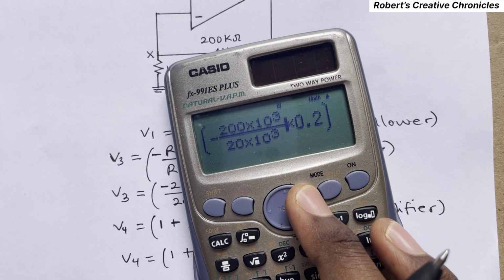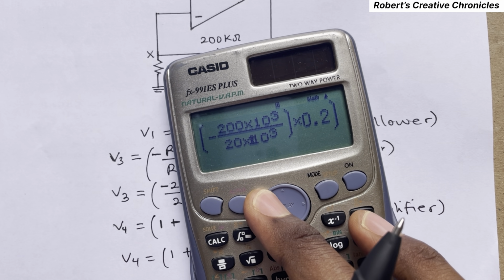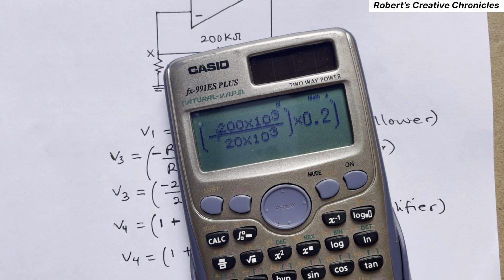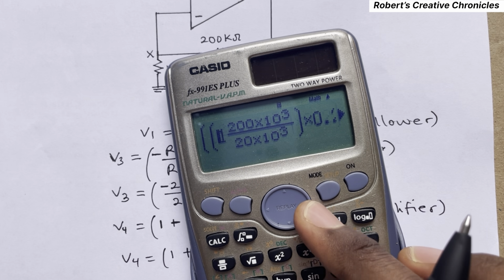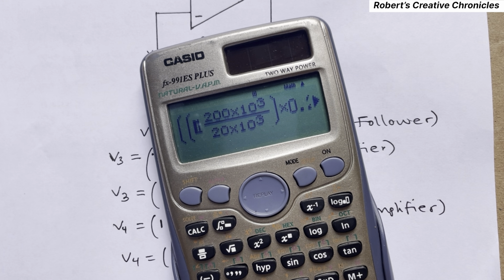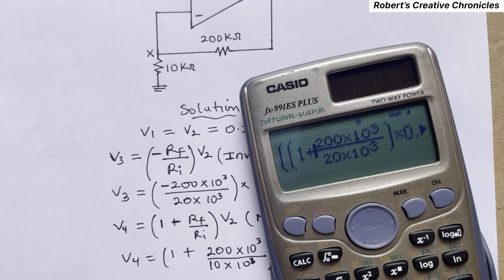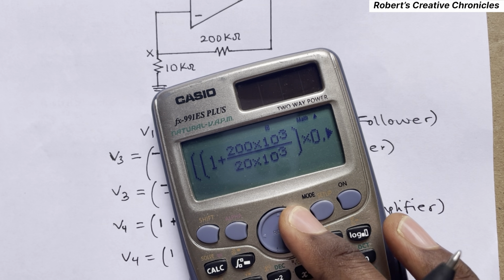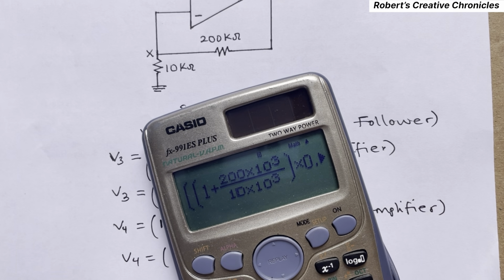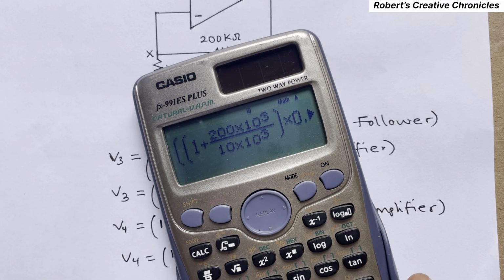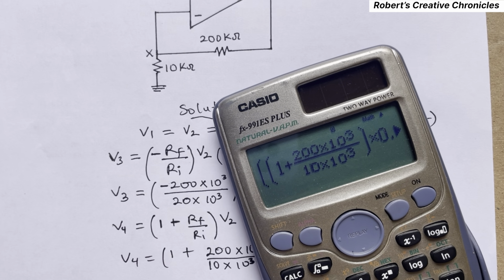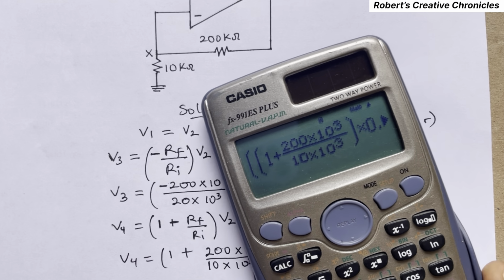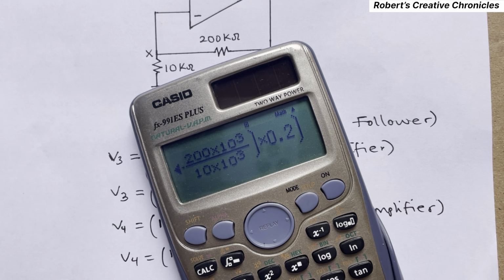So we can rearrange this. This becomes 1 plus 200 times 10 raised to the power of 3 over 10, not 20 now, this is 10, times 10 raised to the power of 3, times 0.2.